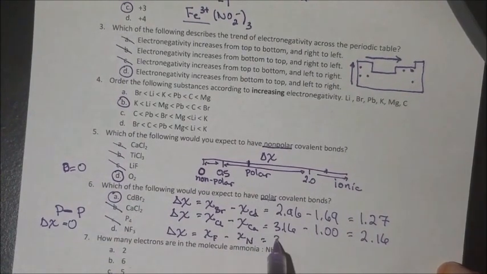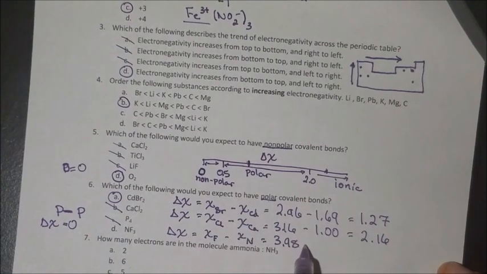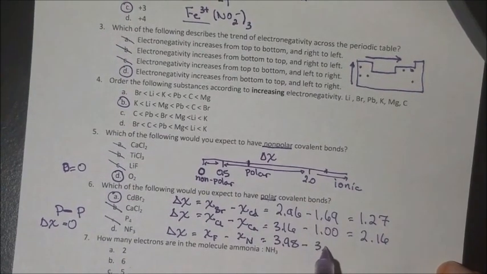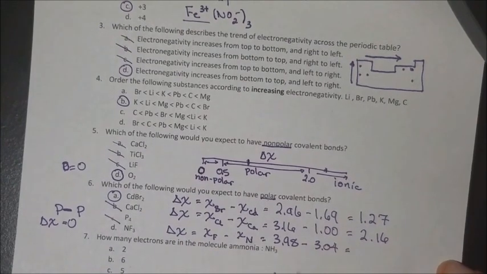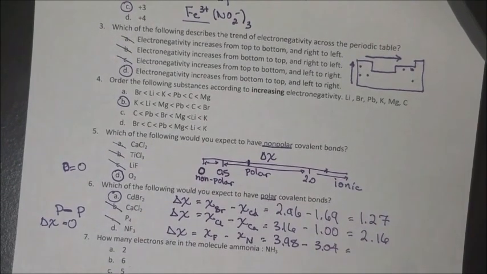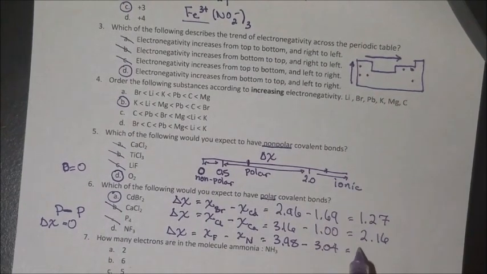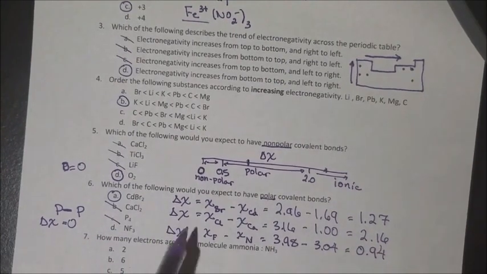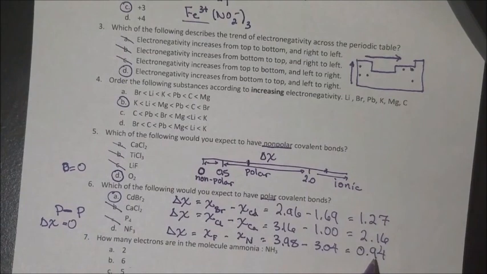So again, I'm just looking these values up on the table, and for nitrogen I have 3.04, okay, and I'm going to be really bad at mental math, so I'm going to plug this into my calculator. That's totally okay, and the number I get is 0.94.